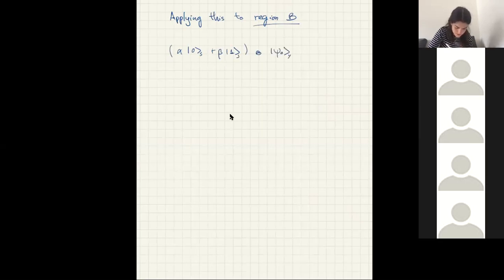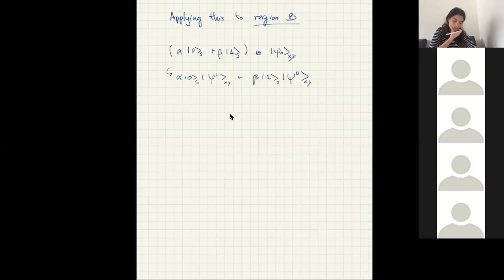We can leave it here for now. Okay, good. So first of all, what we want is an evolution into alpha 0 phi left plus beta 1 phi right, of any sort. Yes, I can put the y here.